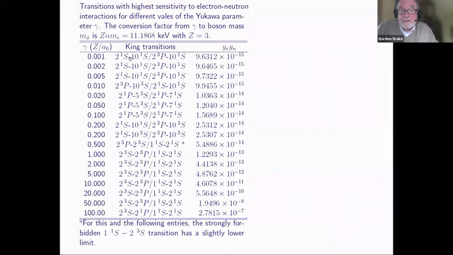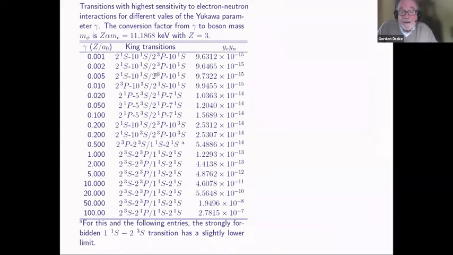The most sensitive ones, at least for small gamma, are the ones beginning with n equals 2 up to n equals 10. This kind of represents an asymptotic limit. So 9, 8, 7 are only slightly worse than this, and so we're approaching an asymptotic limit. Of course, these transitions are in the vacuum ultraviolet, so these would not be easy experiments.